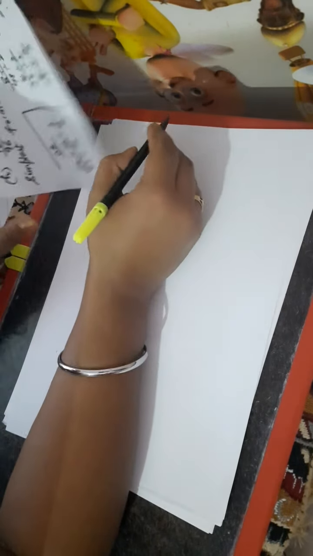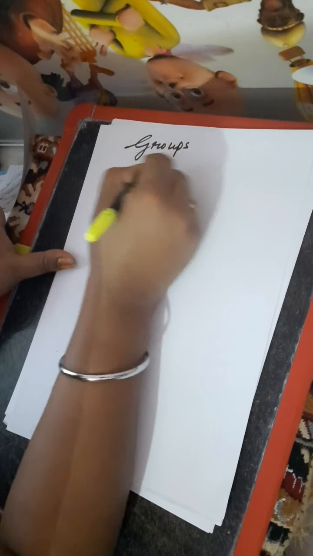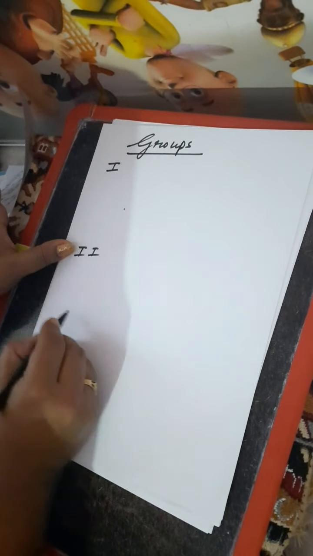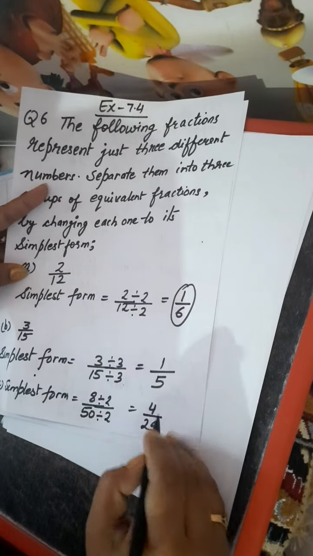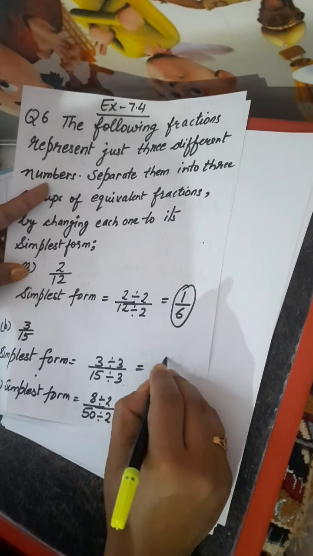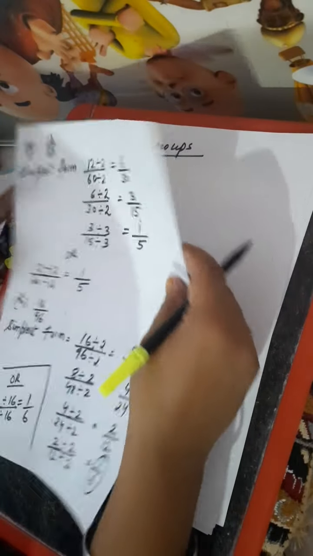Now after this we have a question, we have to separate into groups. First group, second group and third group. So for this we have fractions 1 upon 6, 4 upon 25, 1 upon 5. Then again 4 upon 25, 1 upon 6, 1 upon 5.